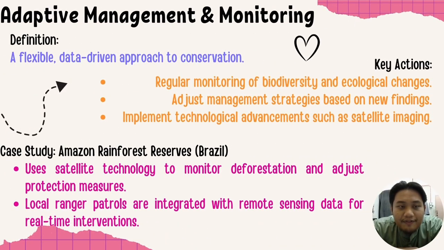Next, the fifth key strategy for protected area management is adaptive management and monitoring. Adaptive management is a flexible, data-driven approach to conservation that allows for adjustment based on new findings.